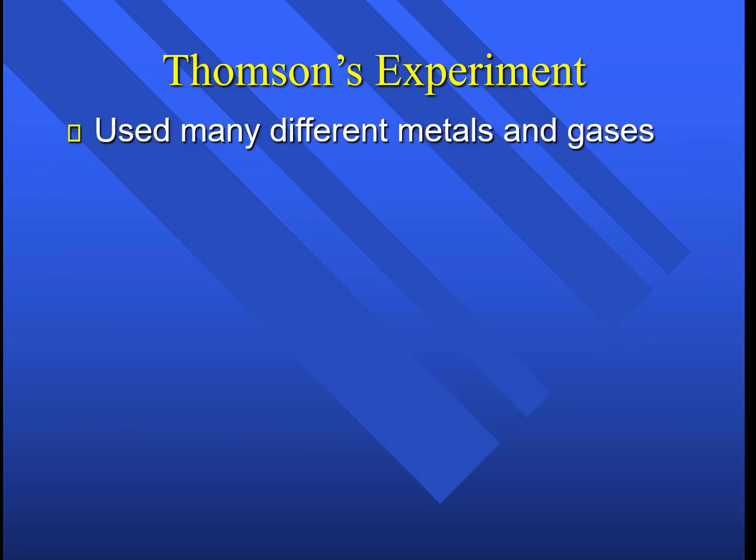And he used different metals to make his anodes and cathodes out of. When he put that gas in, he put different kinds of gas. But no matter what he did, the beam was always the same. It always turned the same amount.